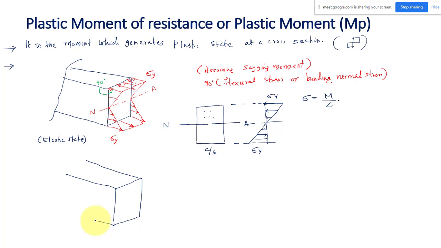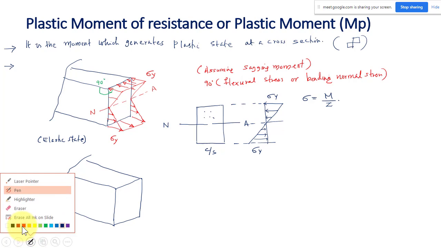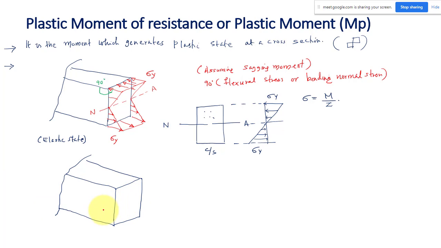Let me draw here, and take the neutral axis, the plastic neutral axis. Let us say this is my neutral axis in the plastic state.